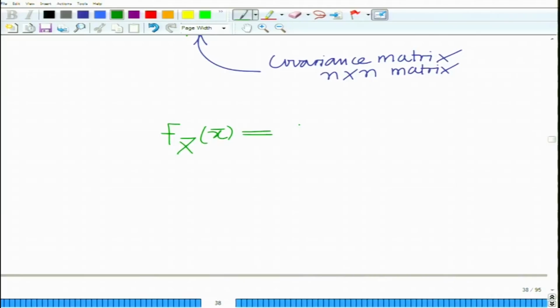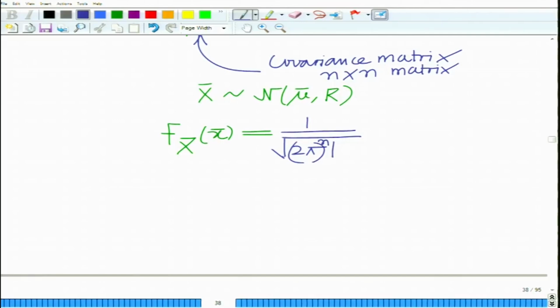The multivariate Gaussian random variable you can denote as a Gaussian random variable with mean vector mu bar and covariance matrix R, and the probability density function is given as 1 over square root of 2 pi raised to the power n times the determinant of the covariance matrix R, times e raised to minus half x bar minus mu bar transpose R inverse x bar minus mu bar.